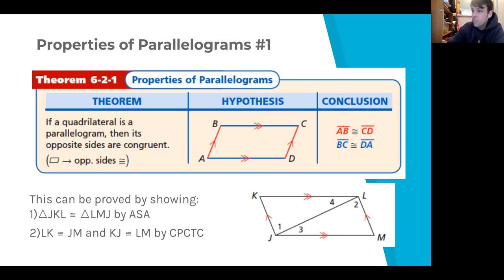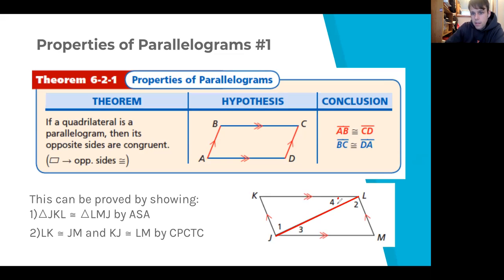I'm going to briefly talk about what a proof of that might look like. If we draw a diagonal, doesn't really matter where, through our parallelogram, we end up getting some angles that are not part of the original parallelogram.